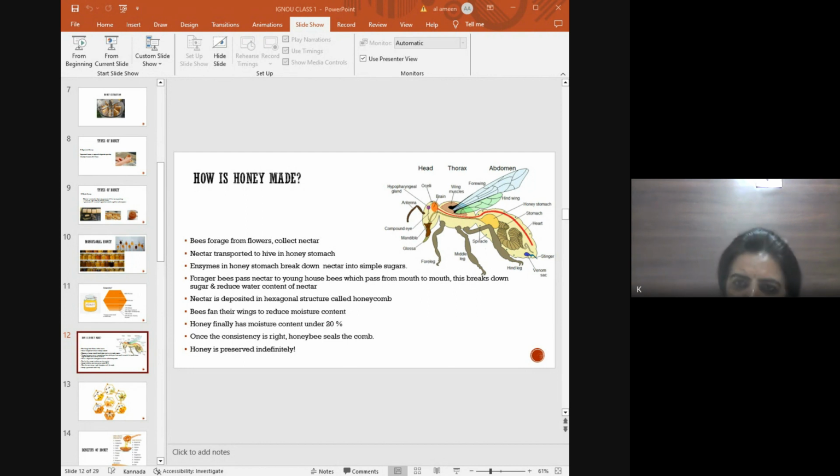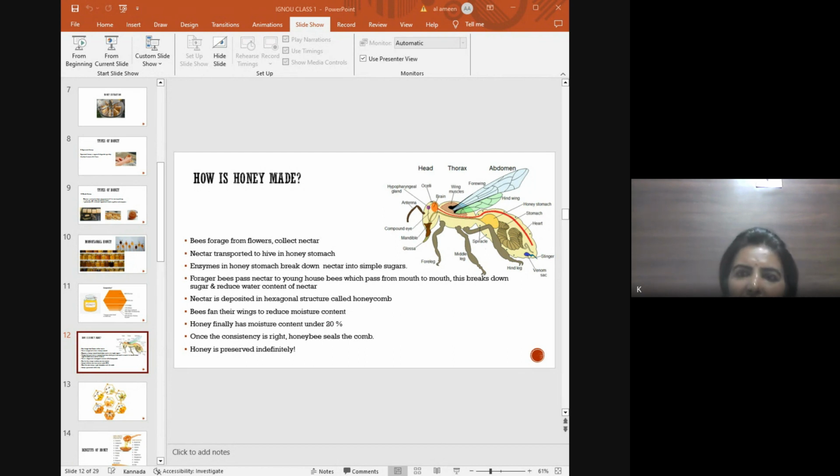From whatever the moisture content, 40-50% or so, it will come down to 20% or less. And that is how the viscosity of the honey comes about. It is because of the reduction from nectar to this state by the worker bees.